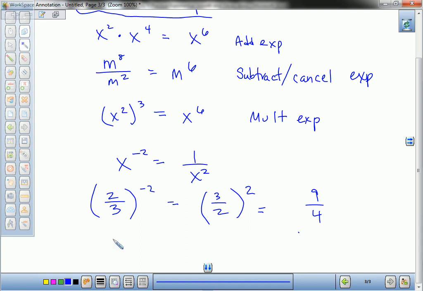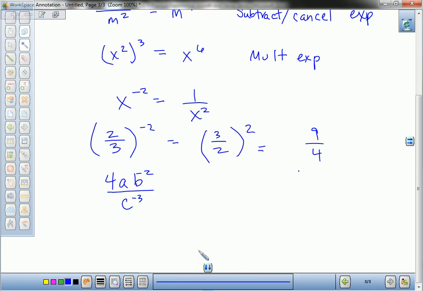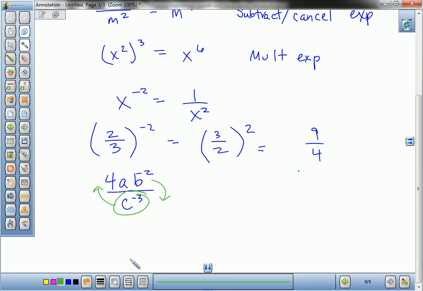Now, what happens if we have a negative exponent inside other stuff? Okay, so if we have a negative exponent inside a fraction, just those things raised to the negative exponent move. We don't flip everything. So the 4 and the A don't go anywhere. The C would move up, the B would move down.